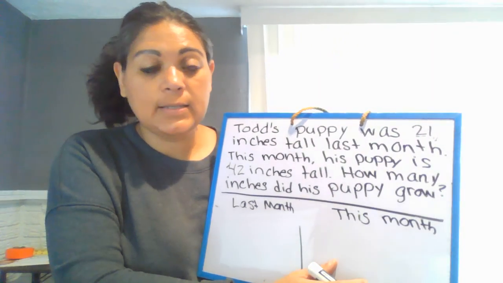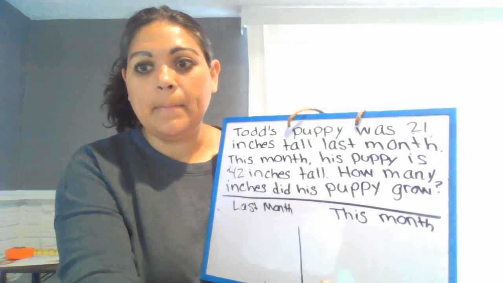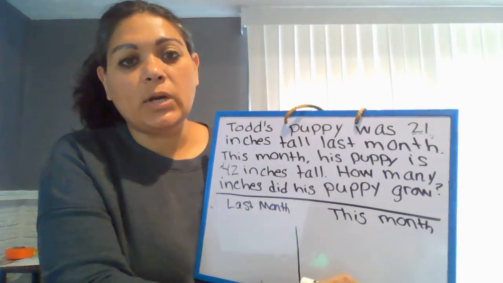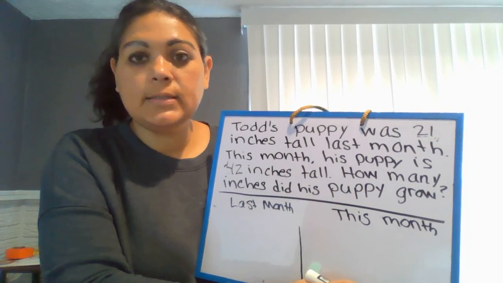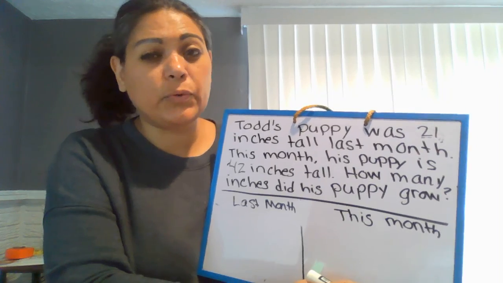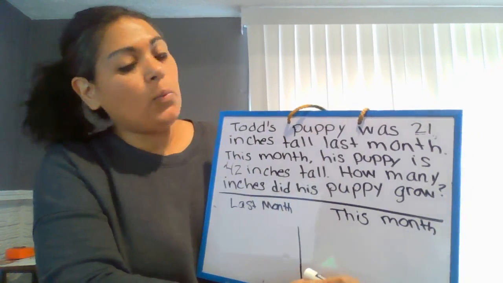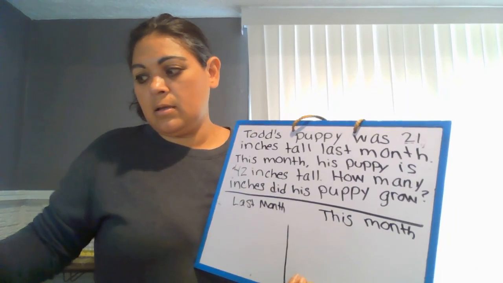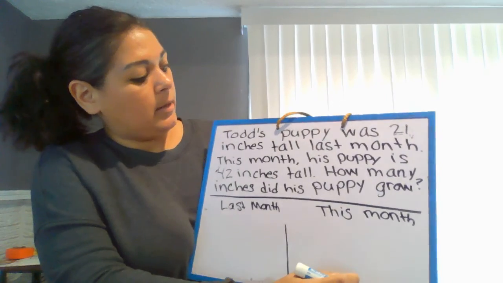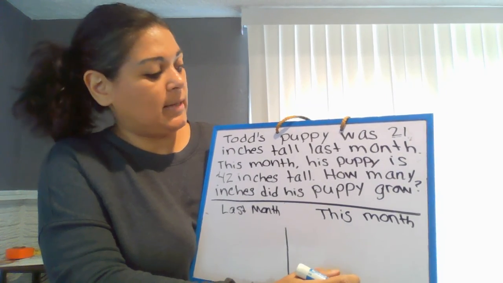Remember, this question does not have the words difference, take away, or subtract. So you really have to picture what's going on to see what they're asking. So we're going to go back and let's underline the important words that we hear, the information that's given.